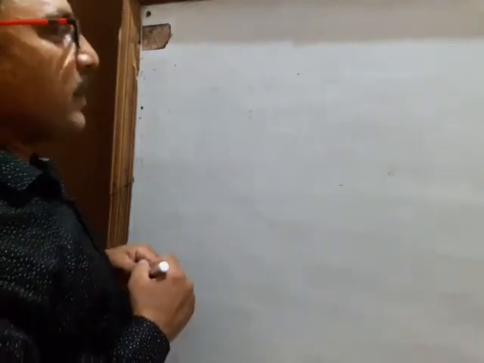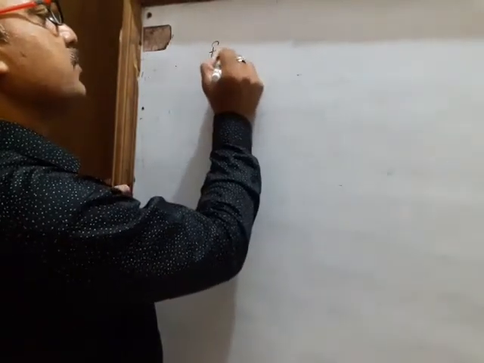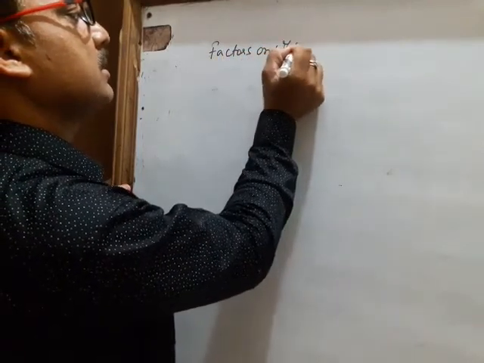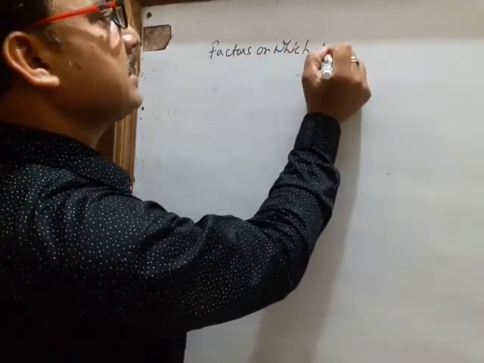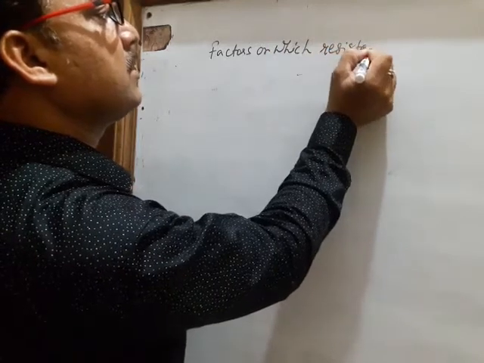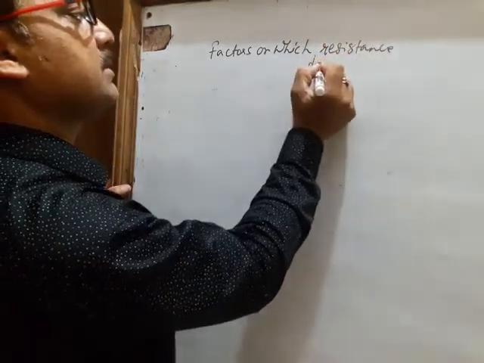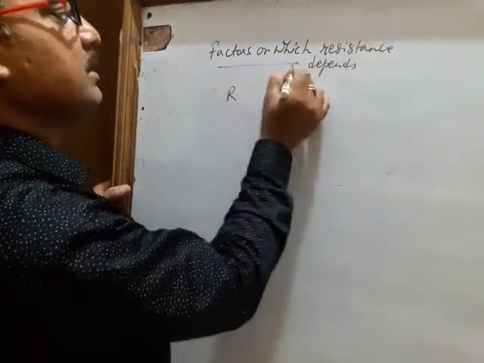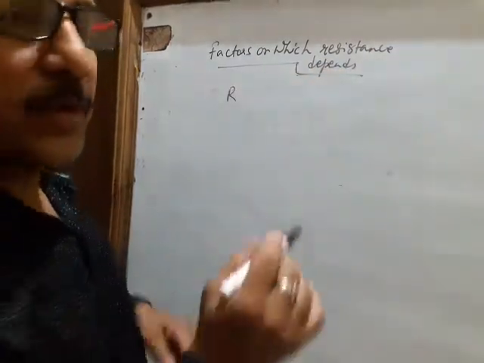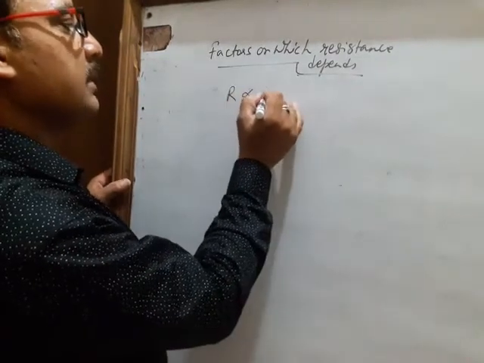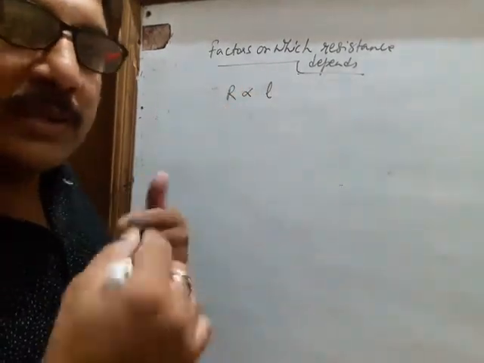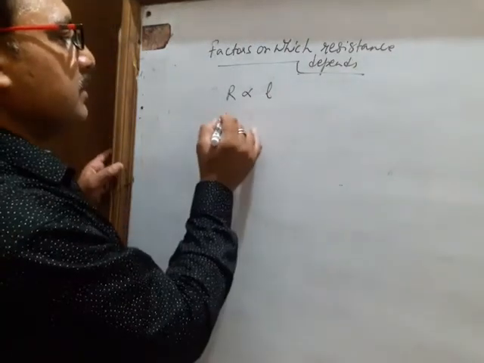Now you write the factors on which resistance depends. Resistance of a conductor depends upon the length of the conductor. One thing, the more the length of the wire, the more the resistance.